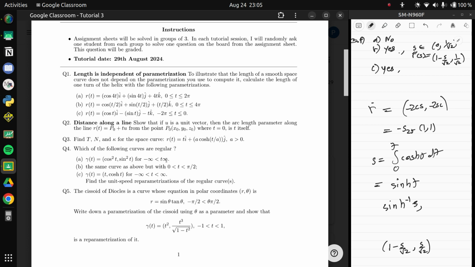So cosh of t squared minus sinh of t squared, that's equal to 1, right? So cosh of t is the square root of 1 plus sinh of t squared, sure. So it's just the square root of 1 plus s squared. These are the things. Sinh inverse is a crazy equation. Okay, do I really want that?